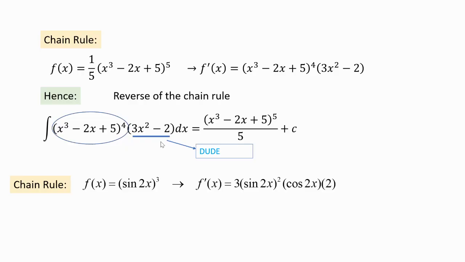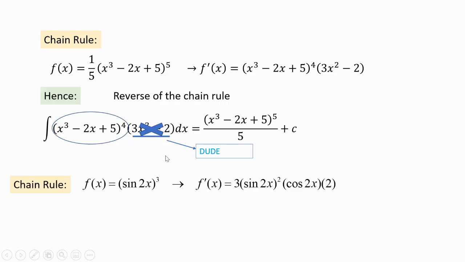The dude is my derivative. Now, if I can find the dude, in other words, if I have a power function and my derivative, my dude, is next to it, then what I can do is absolutely ignore the dude and just integrate the bracket. So here, the dude, ignore, and all I do is add 1 to the power and divide by it, and there it is, plus c.